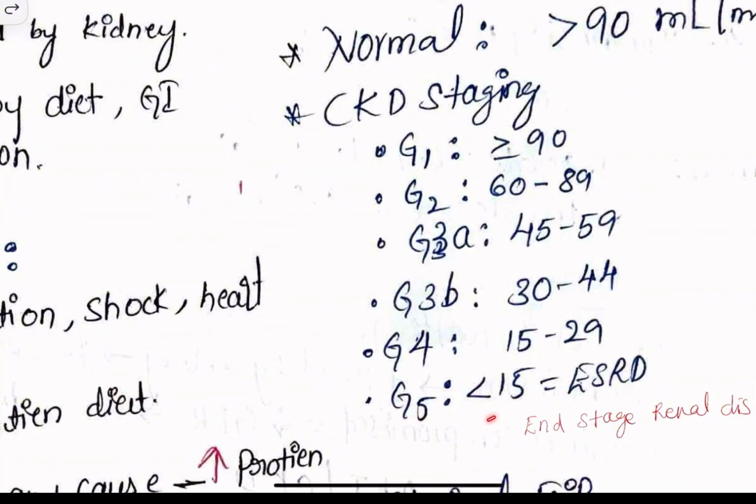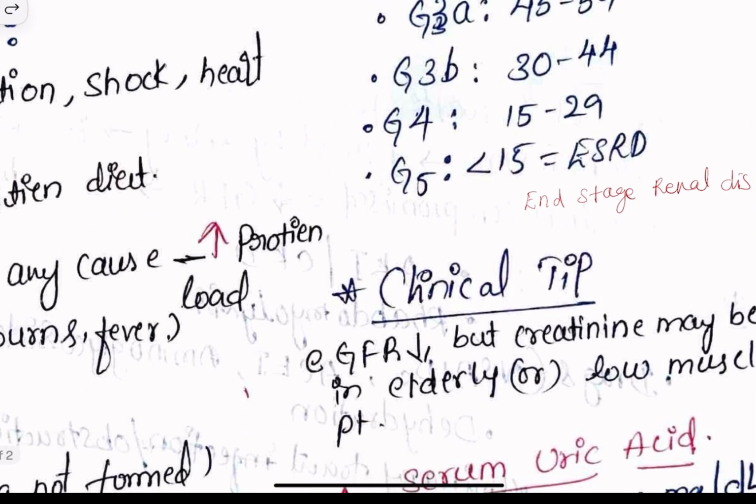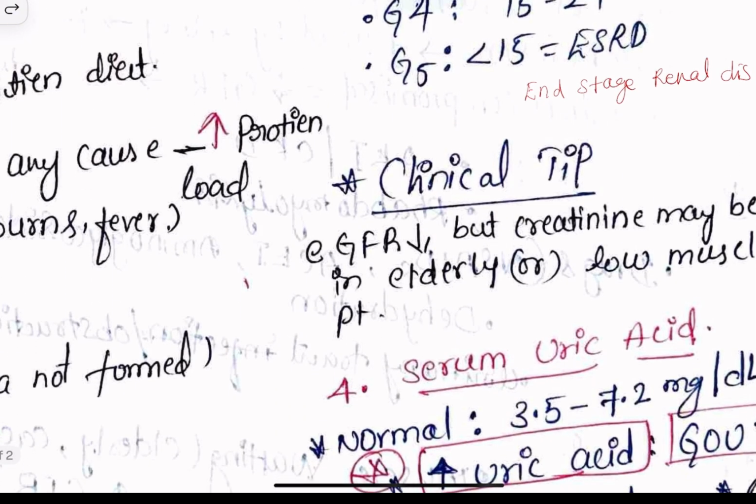Then the most severe kidney damage can be seen. It is ESRD, end stage renal disease. Kidneys are very close to not working or have stopped working, or in simple language, kidney failure, if the value is less than 15.